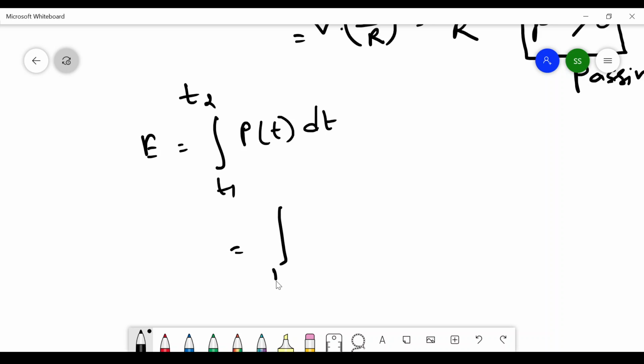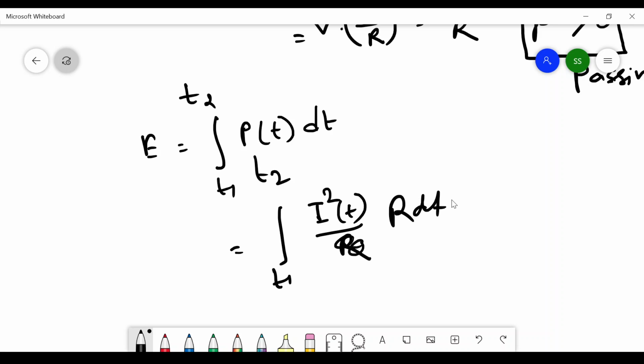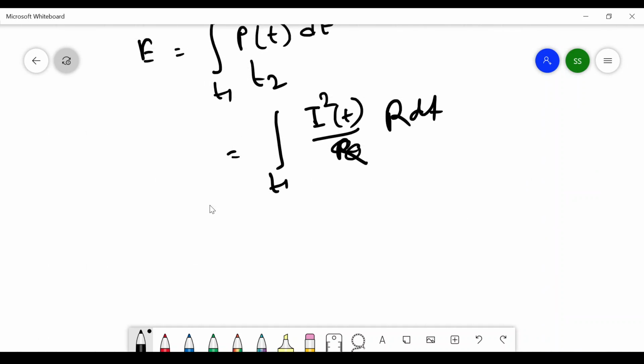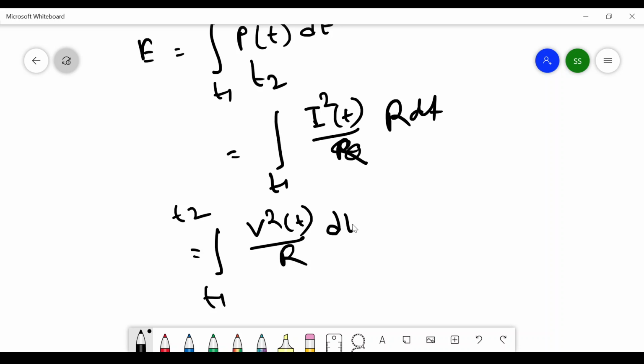Instead of p we write I square R dt, or we can also write it as the integral from T1 to T2 of V square divided by R dt, and energy is also positive because of this square term.